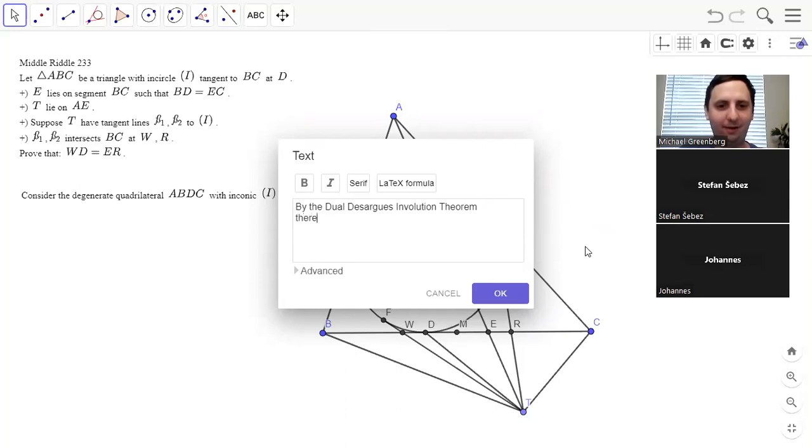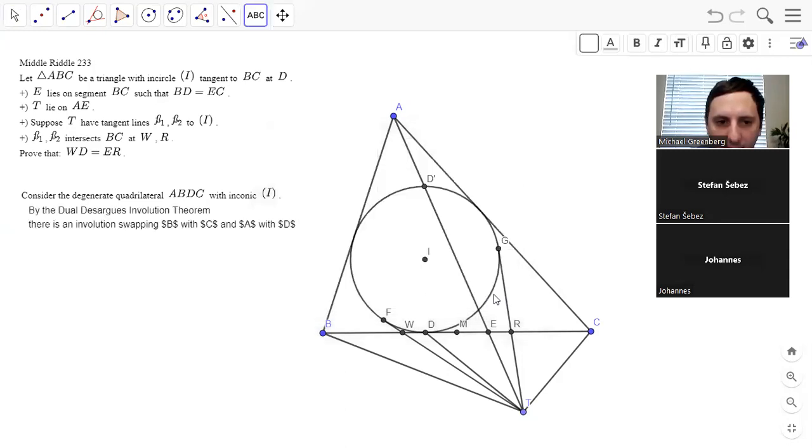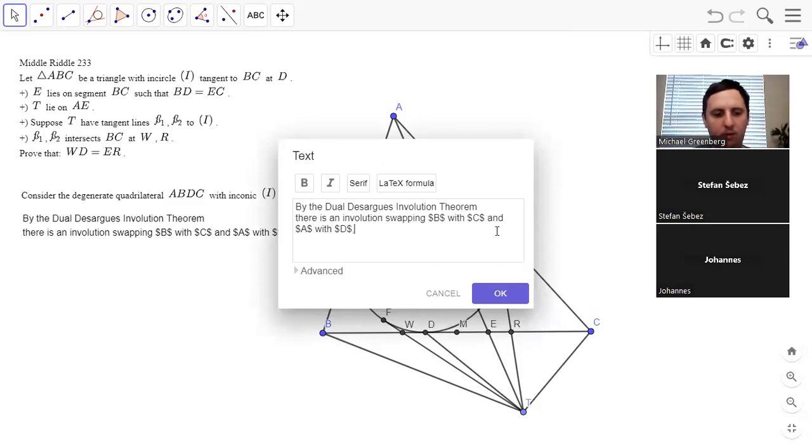So there is an involution swapping B and C, A and B, and B and A with D. And it also swaps the tangents, TF with TG.